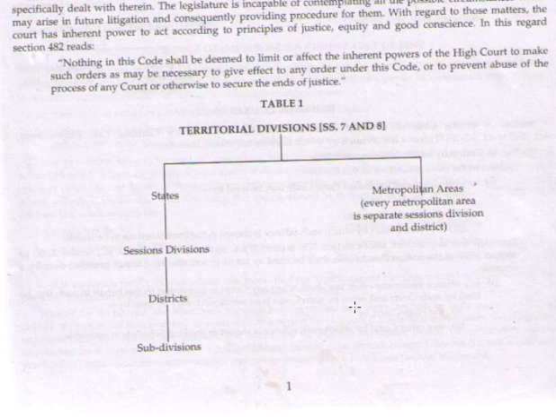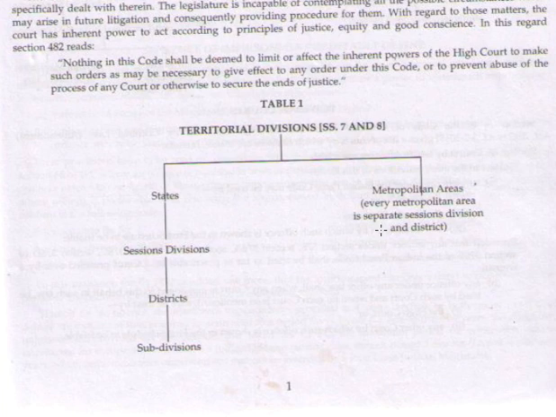Table 1, the territorial division of criminal courts under Sections 7 and 8 of the CrPC. The state has a High Court, and it is again divided into metropolitan areas. Every metropolitan area is a separate session division, and the district is another division.